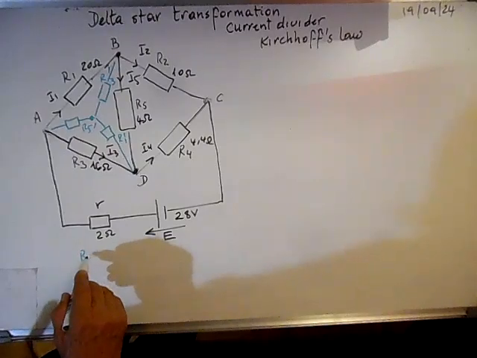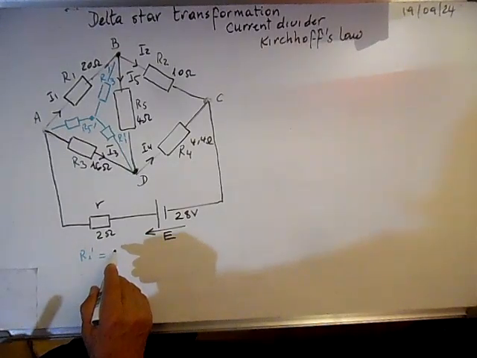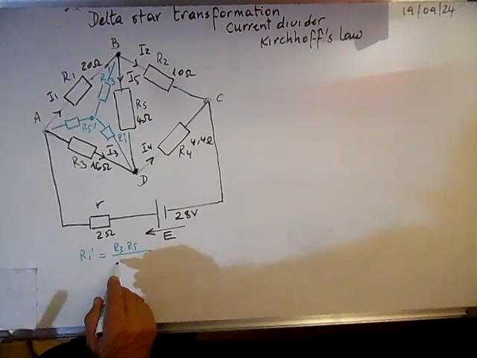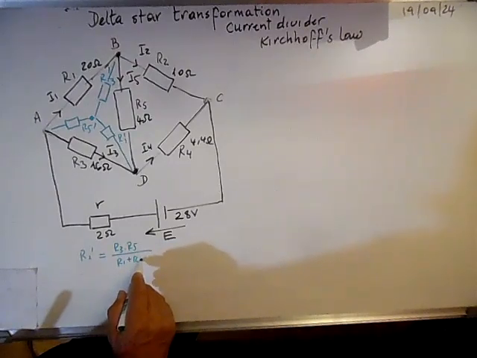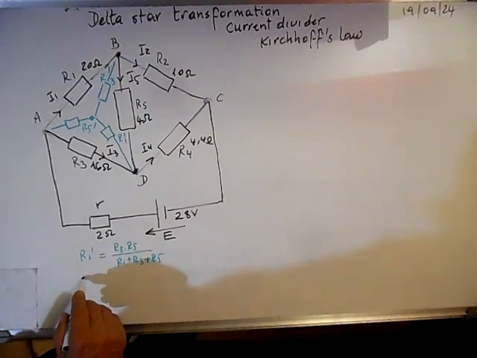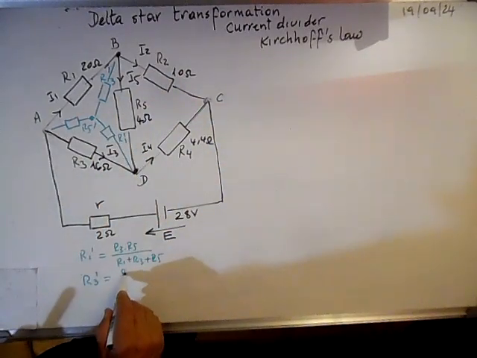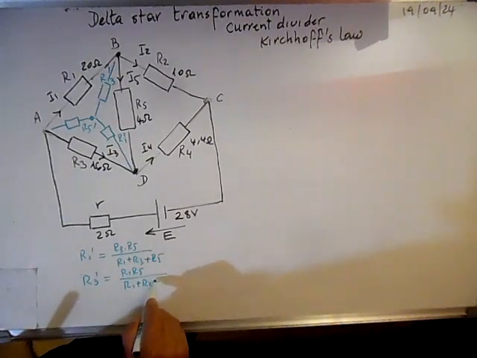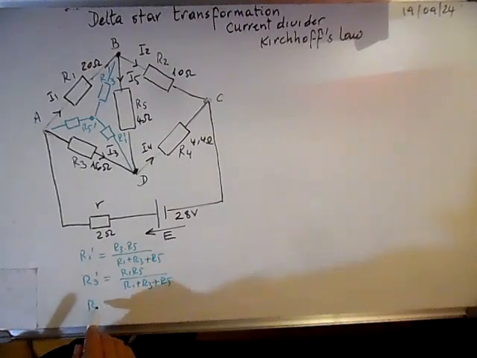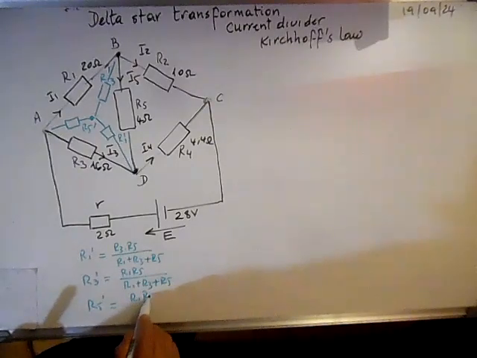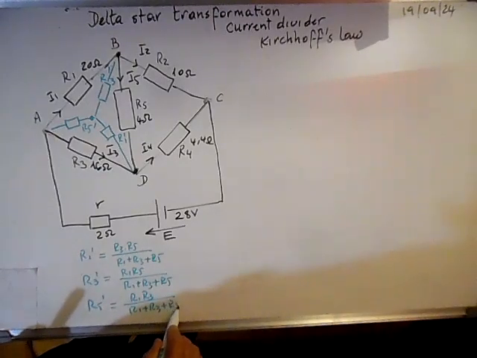So R1 prime is R3 times R5 divided by R1 plus R3 plus R5. R3 prime is equal to R1 times R5 over the sum of the three. R5 prime is equal to R1 R3 over R1 plus R3 plus R5.